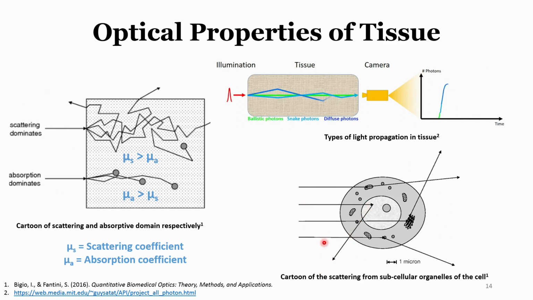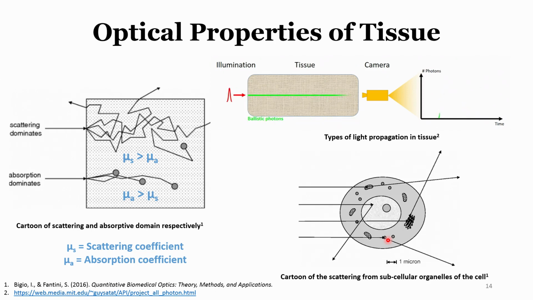Some of the photons which pass through the cells get refracted to very large angles, and then there are some other photons which are getting refracted again by some other organelles of the cells. So, this is what happens microscopically once the light interacts with the tissue.